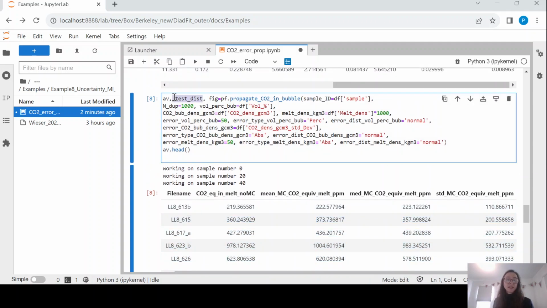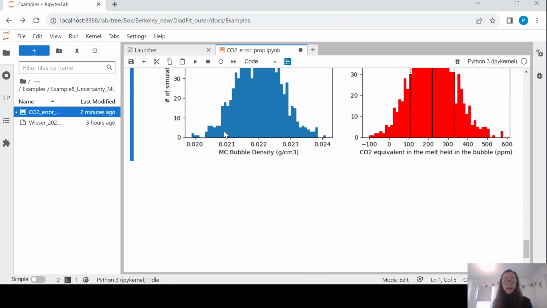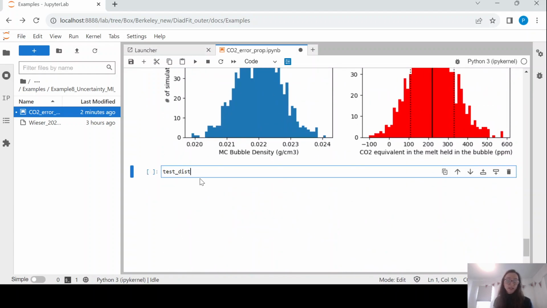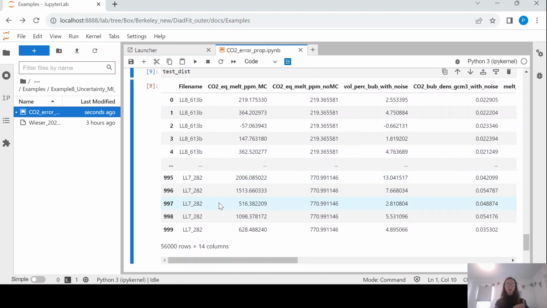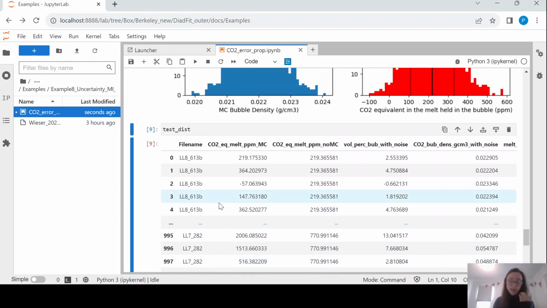If you wanted to look at all 1,000 simulations for every single one, you could also do that. So you can see here, this test dist, this has that first melt inclusion LL8613B 1,000 times, and then the next melt inclusion, and so on, so forth. So if you wanted to look at the individual inputs, that would be the way to do it.